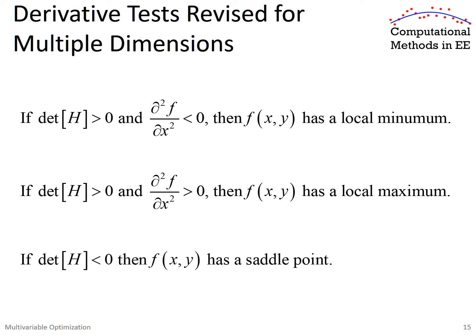If the determinant of the Hessian is less than 0, then we're at a saddle point and it's not a local minimum or maximum. So our extrema occurs where the determinant of the Hessian is greater than 0. Once we know we're at an extrema, then we can go back to our second derivative test and determine whether it's a minimum or maximum. So that's how we use the Hessian to do this. And this will come up again when we talk about Newton's method for multiple variables.